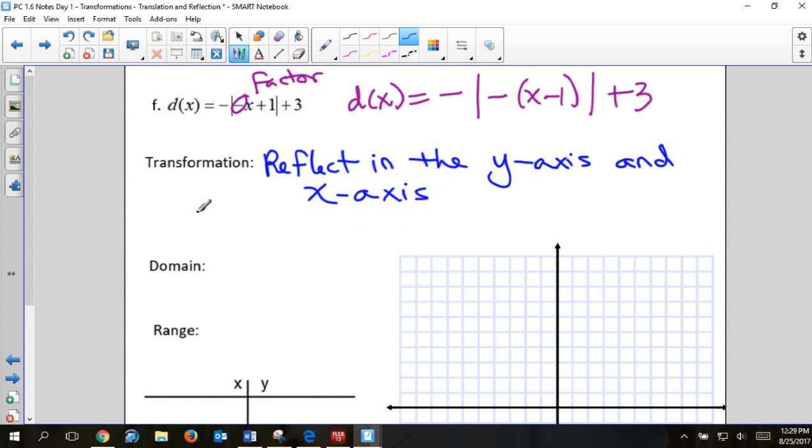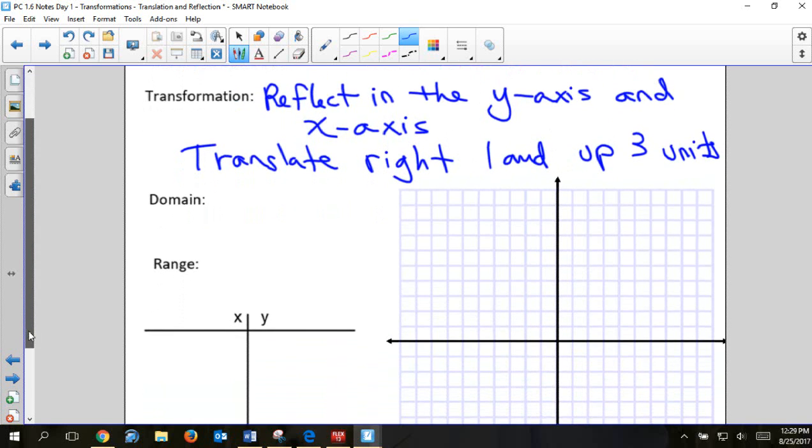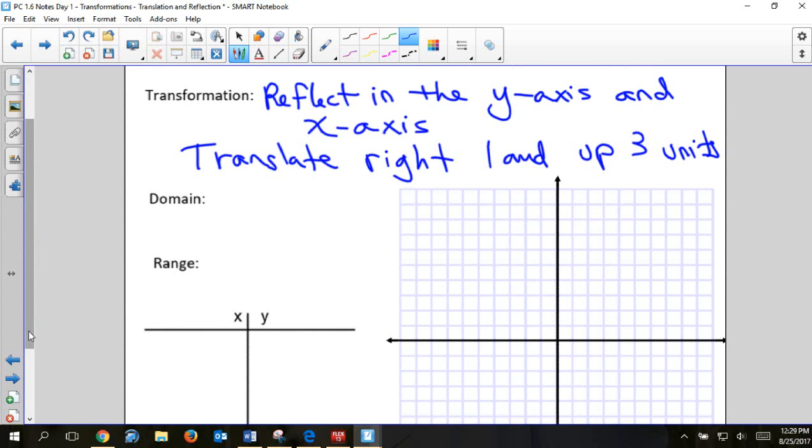And then we also have translate. Which way for the horizontal? Right 1 and up 3 units. We're going to translate right 1 and up 3 units.